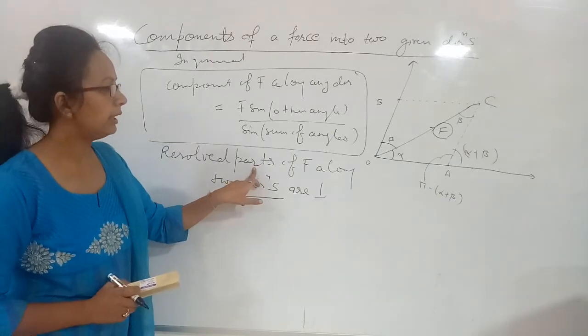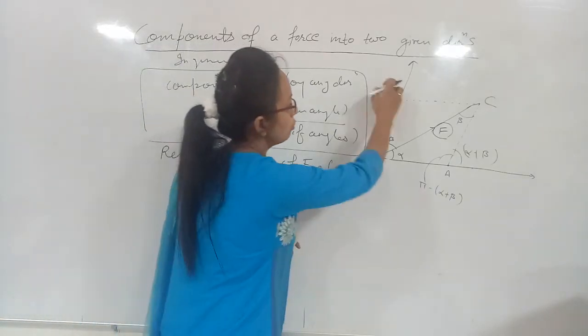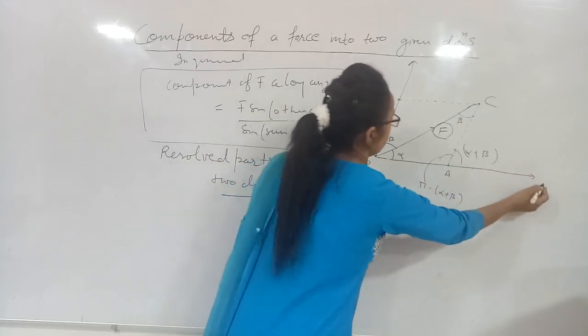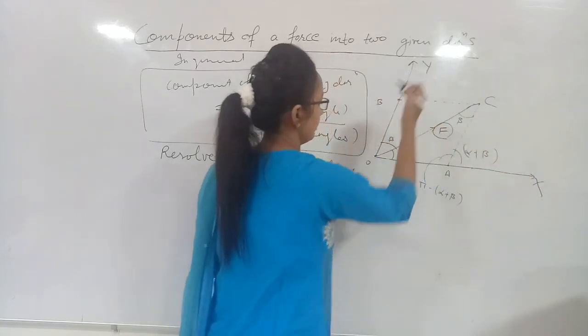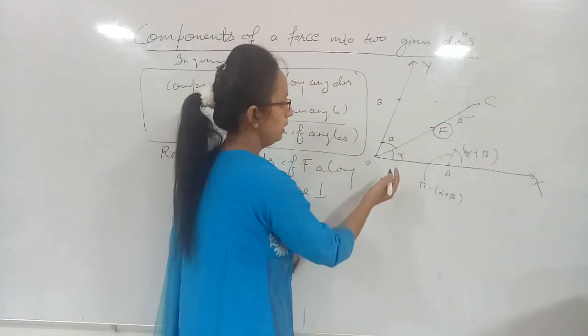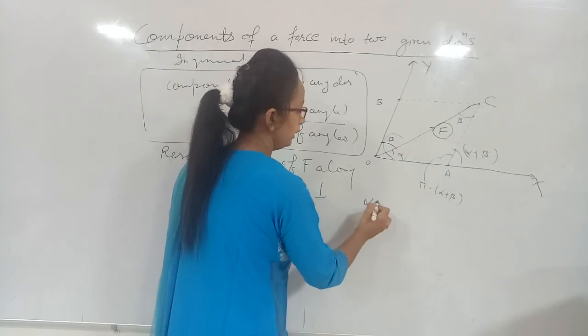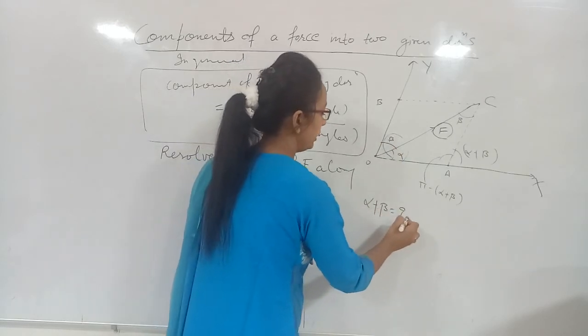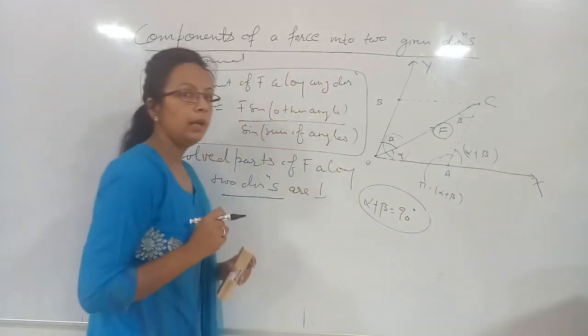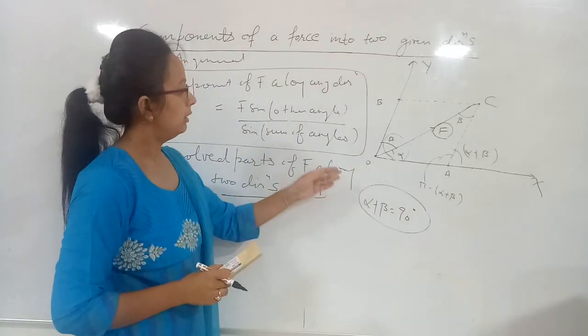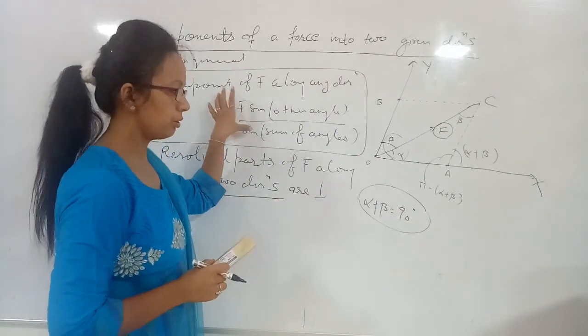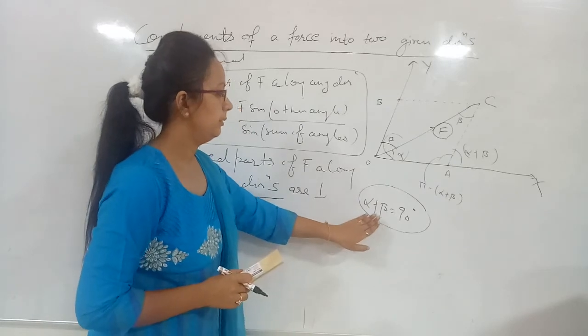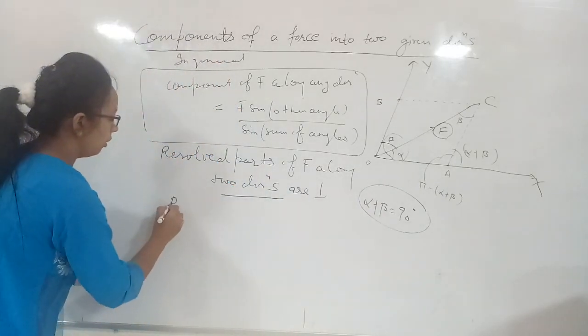So in that case, if these two are perpendicular, say this is the x-axis and this is the y-axis, and both are perpendicular, then alpha plus beta will be equal to 90 degrees. And if we find the components, or you can say now the resolved part using this, then what will be the resolved part along OA?